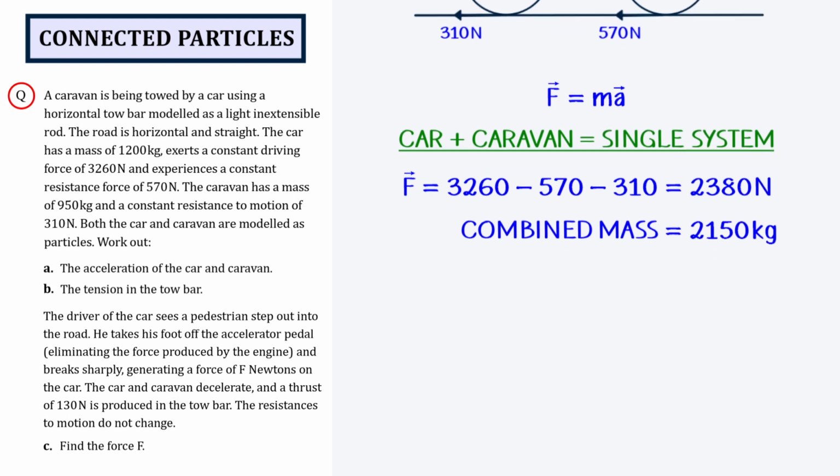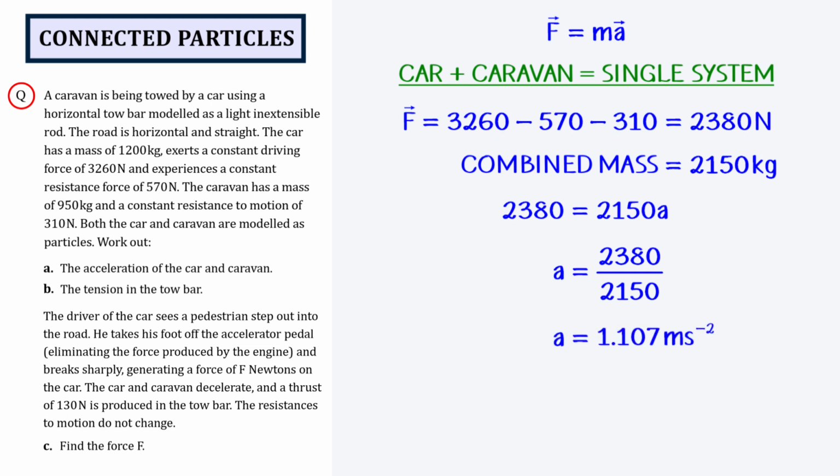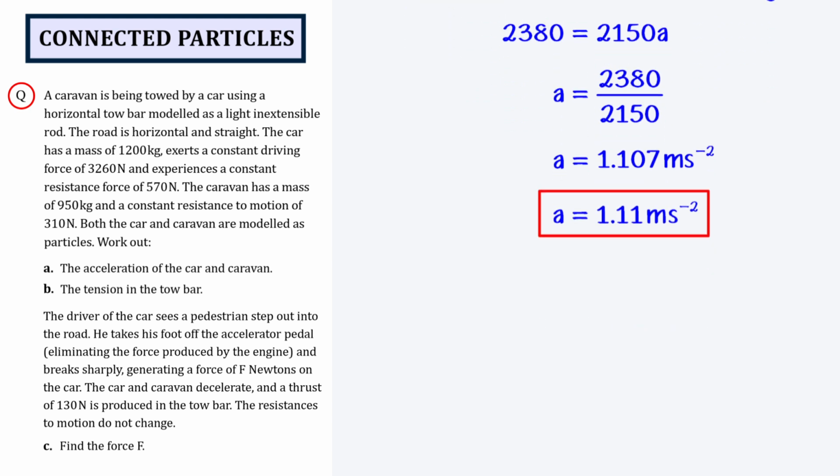And so putting this into force equals mass times acceleration gives 2380 is equal to 2150 multiplied by A. And so A is equal to 2380 divided by 2150, which is equal to 1.107 meters per second squared. Therefore, the acceleration of the car and the caravan is 1.11 meters per second squared, correct to 2 decimal places. And so that answers Part A.